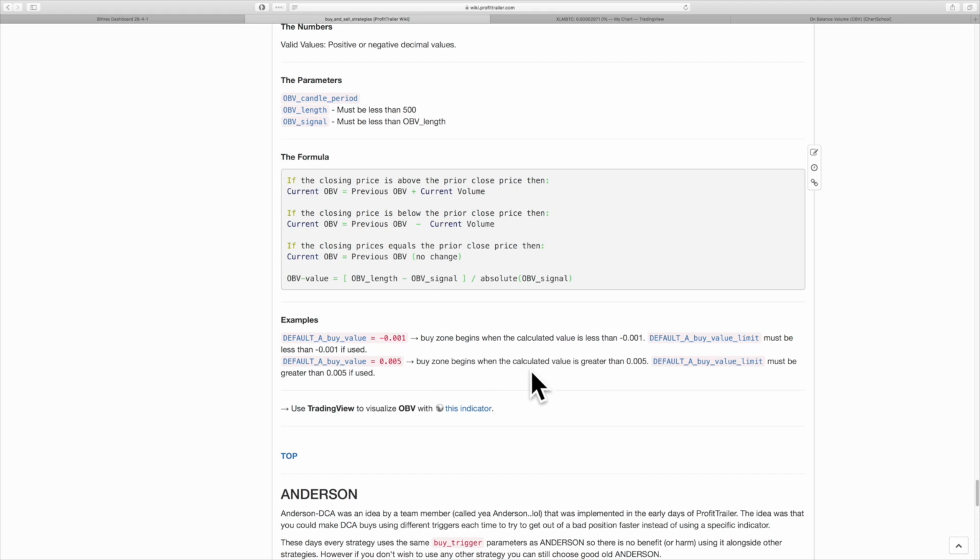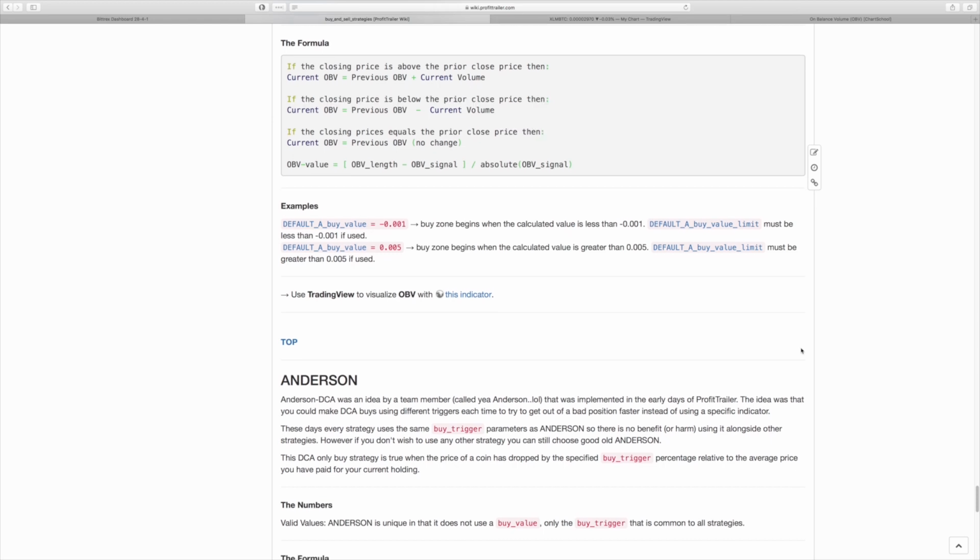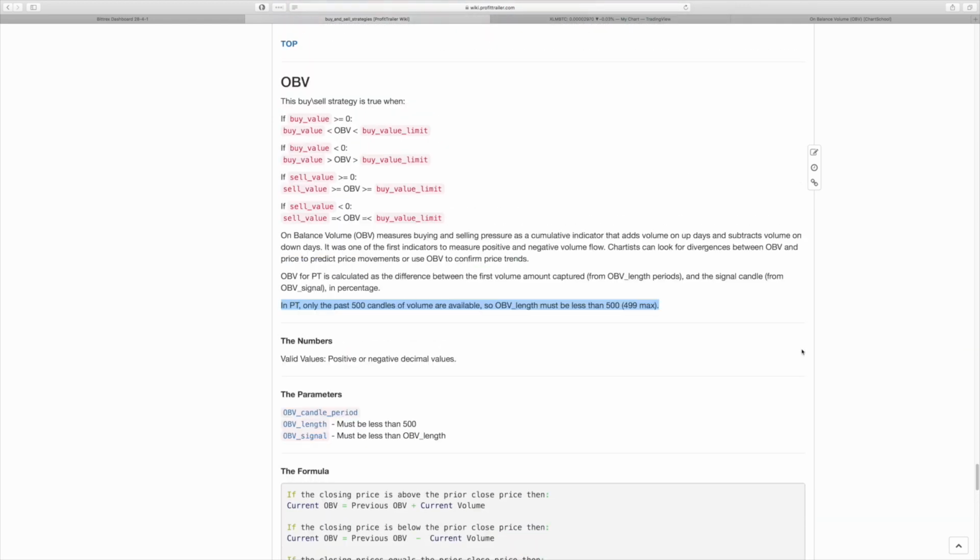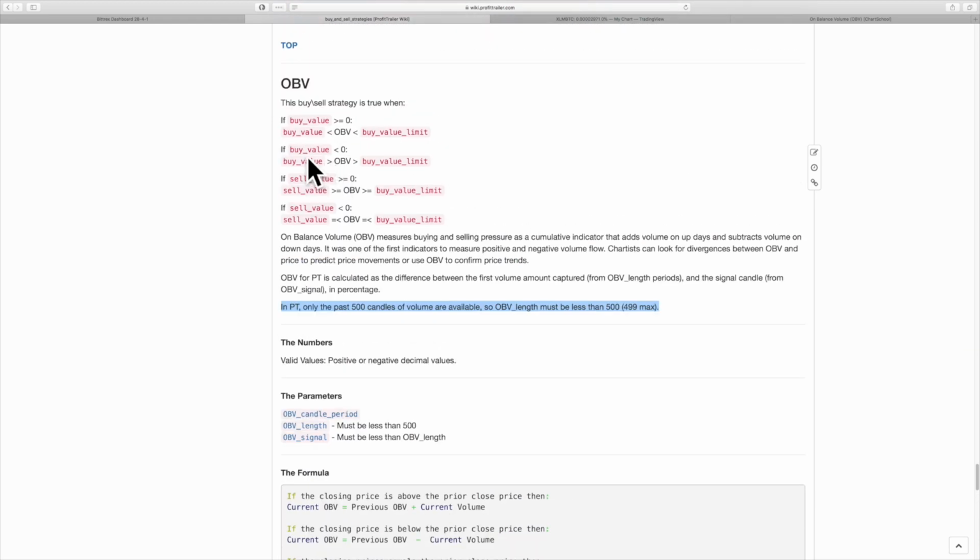Here's a couple of examples. So the default A buy value is negative 0.001. Then your buy zone begins when the calculated value is less than negative 0.001. Okay, so that would mean, if we look up here at this, the buy value less than 0, so the buy value is greater than the OBV.